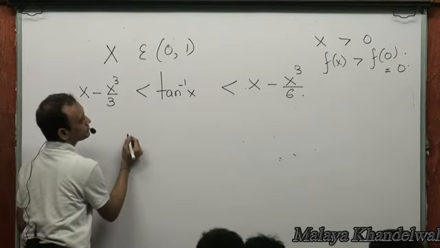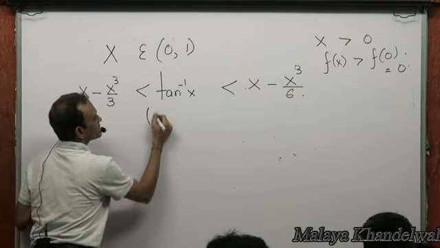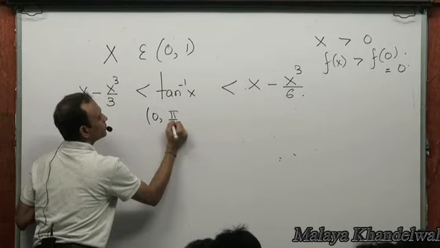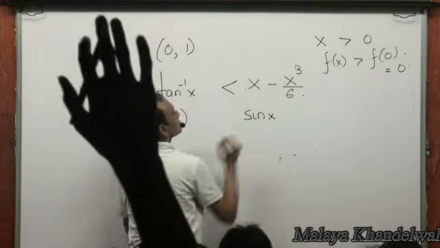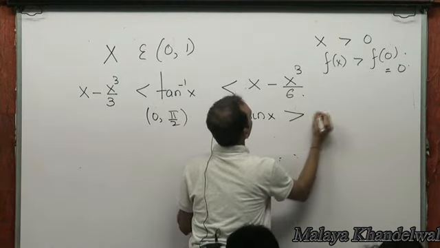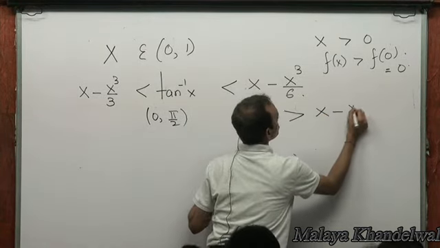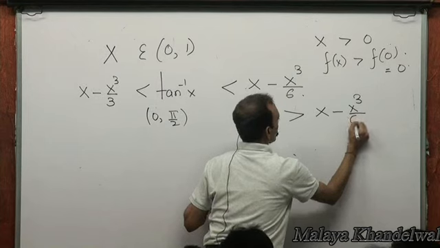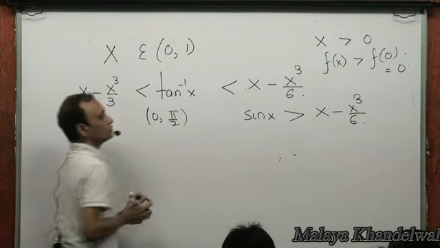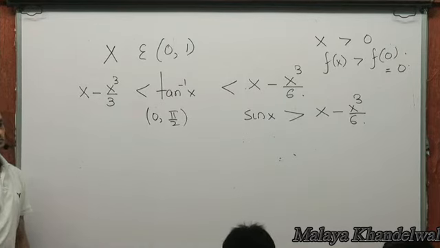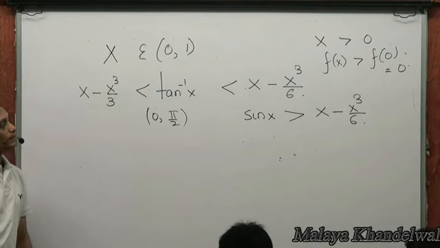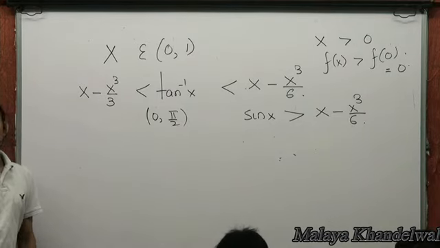Say in the interval 0 to pi by 2, sin x is greater than x minus x cubed by 6.